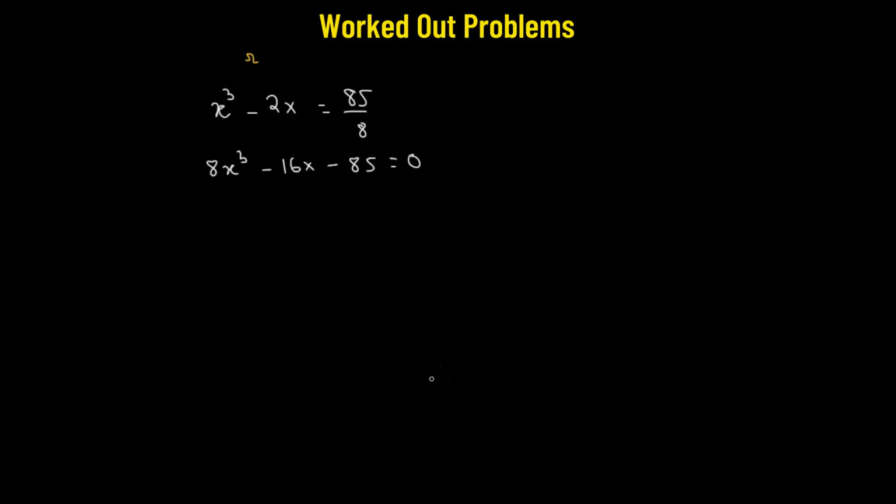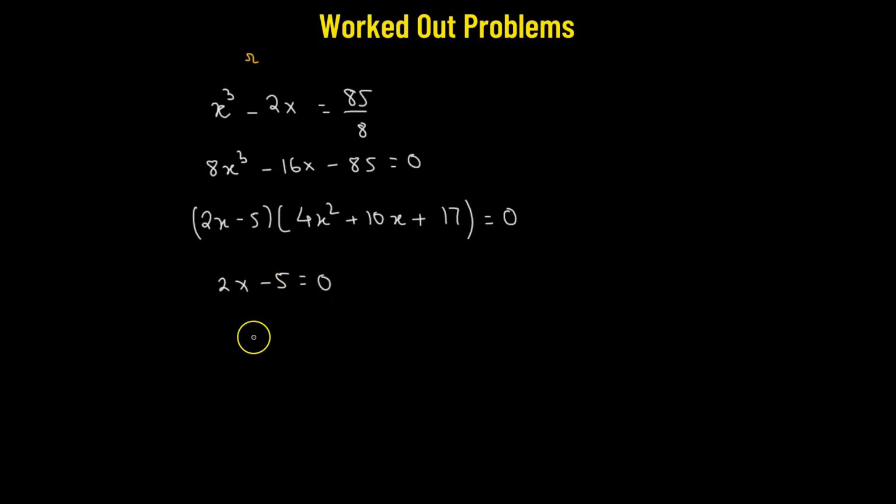So this factorizes as (2x minus 5) multiplied by (4x² + 10x + 17) equals 0. Now from here, we have 2x minus 5 equal to 0, which is going to give us x equals 5/2.